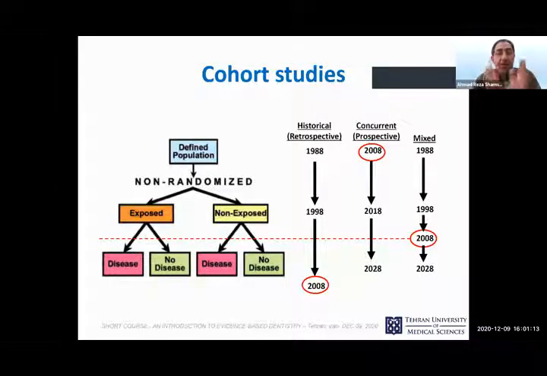So there are some designs to make them cost effective for the researcher. We name them mixed cohort studies.